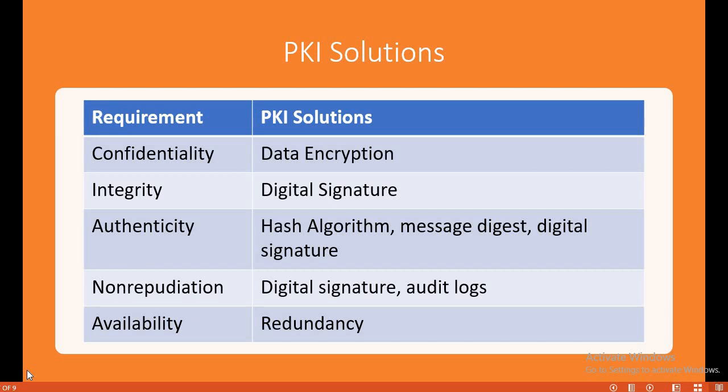So what happens in a digital signature? Let's take an example. The sender is sending the data to the receiver. The sender will encrypt the data and generate the hash value. This hash value is generated using the sender's private key. The recipient has the sender's public key, and once he receives the data, he will use the sender's public key to decrypt the data and generate the hash value.